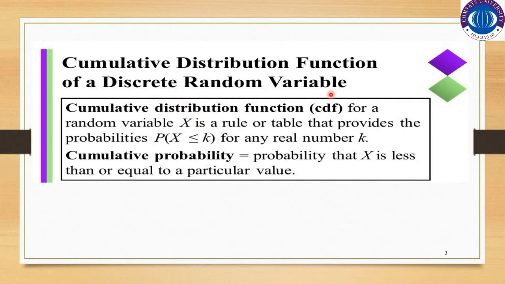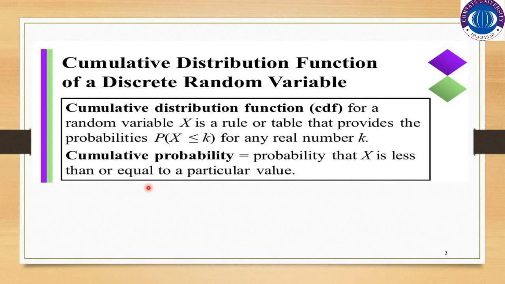The cumulative distribution function, usually denoted by CDF, for a random variable x is a rule or table that provides the probability x less than or equal to k for any real number k. Cumulative probability is equal to the probability that x is less than or equal to a particular value.